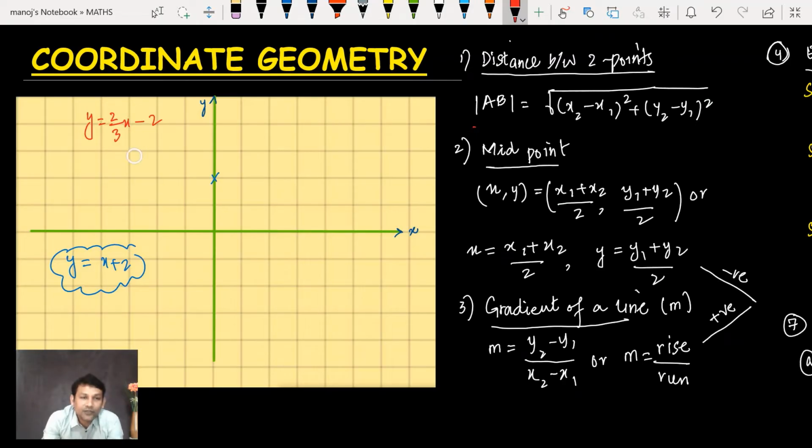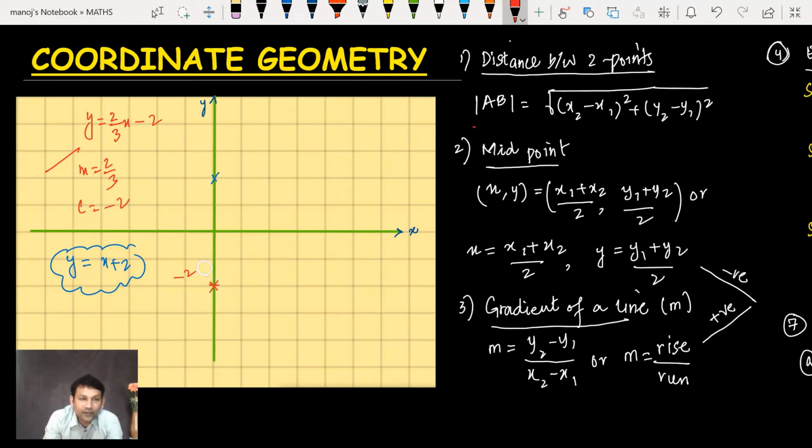The gradient is 2 upon 3, positive, and c is minus 2. We need to write how we can draw a line from an equation. Where is c, minus 2? It is here. The first coordinate is minus 2.